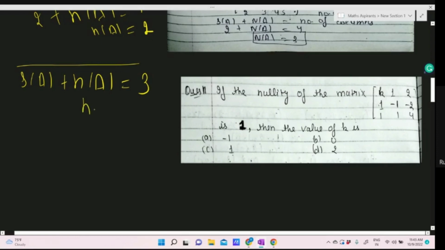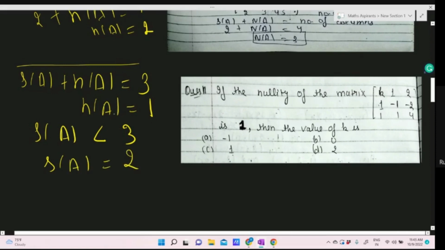Given that the nullity of A is 1, the rank of A is 2. This implies the determinant of the matrix A is 0.